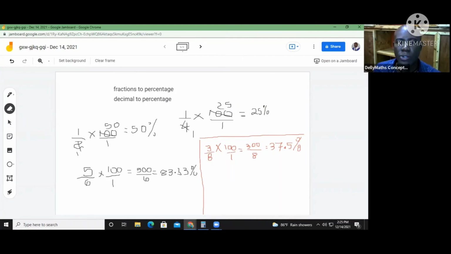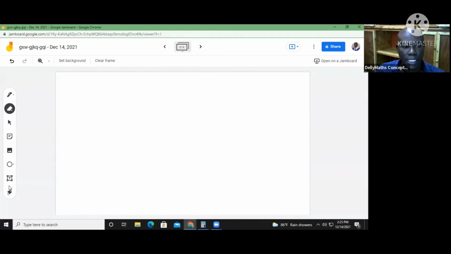All right, let us look at moving from decimals to percentage. So now we want to look at how we convert decimal numbers to percentage. No problem. Let's write down some decimal numbers. It does not matter.